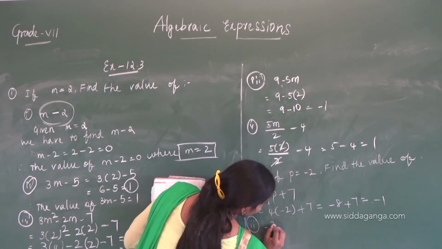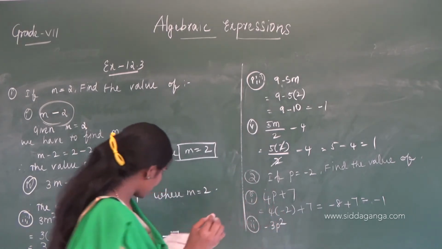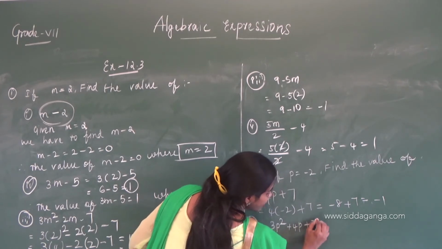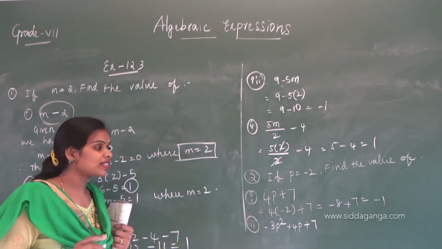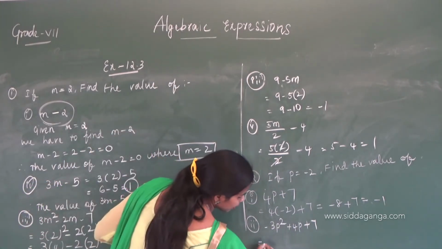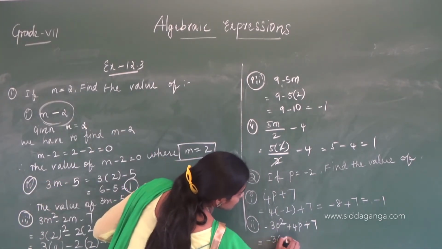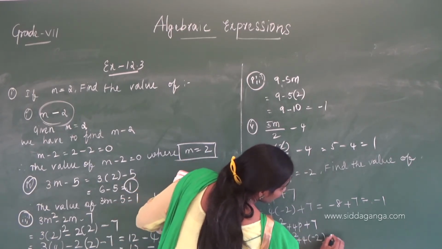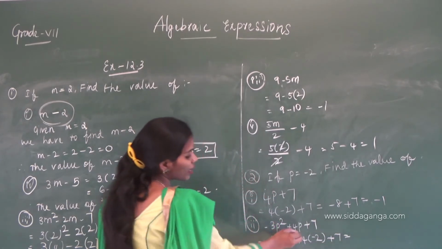Next, minus 3p square plus 4p plus 7. Minus 3 into minus 2 whole square plus 4 into minus 2 plus 7. What is minus 2 whole square?